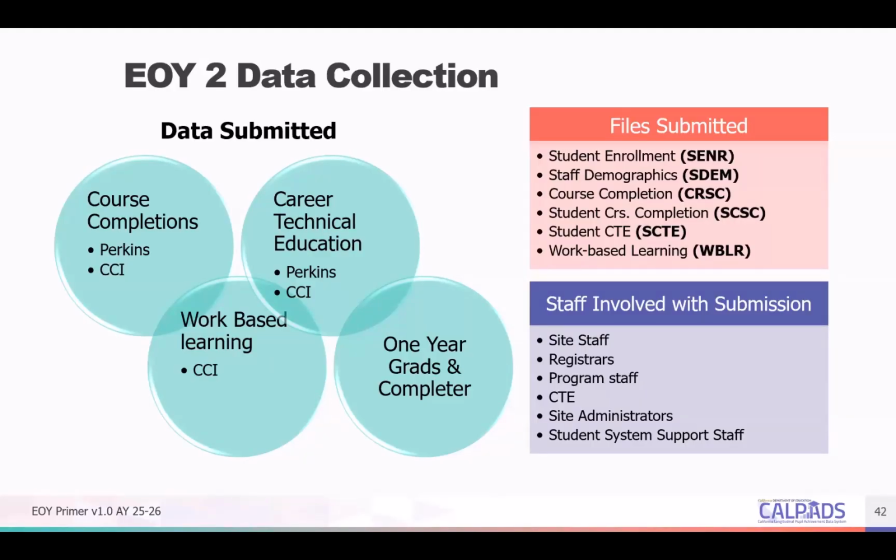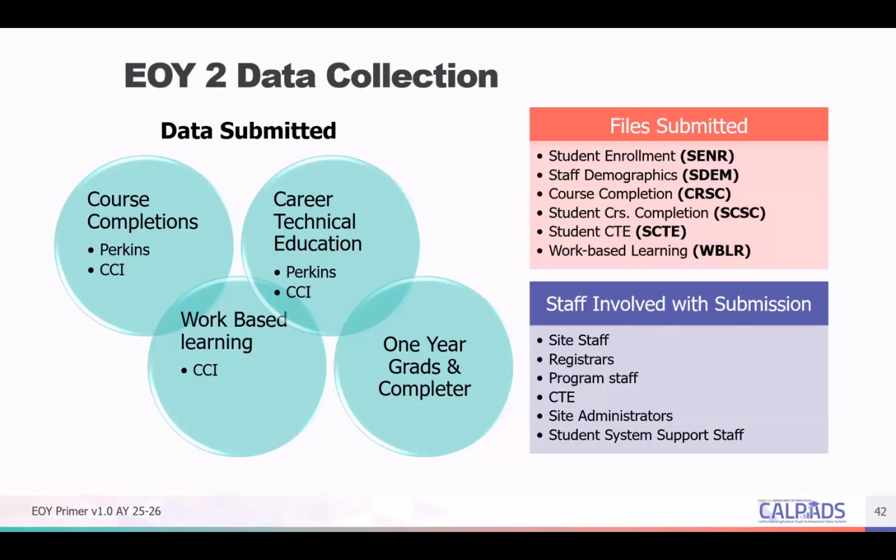The student career technical education, the SCTEE file, identifies all those students who were CTE completers this academic year, and then those work-based learning students, students that were engaged in work-based learning activities throughout the year in grades 9 through 12, will be submitted in the WBLR, or affectionately called the Wobbler.